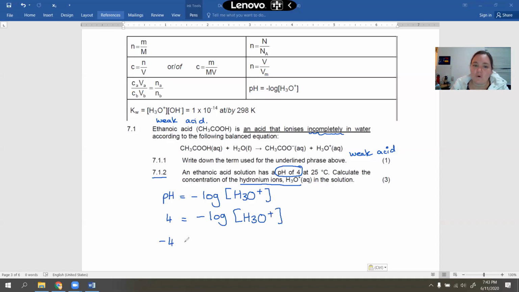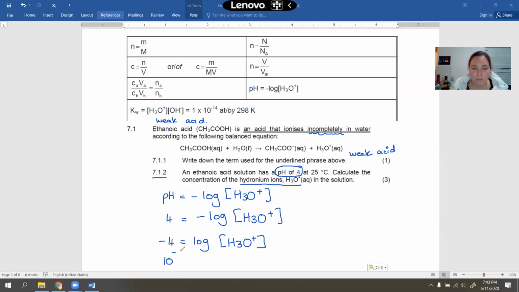So negative 4 is equal to log of concentration H3O plus. Now, most of you in maths should already have done logs, but basically on your calculator, you're going to end up doing 10 to the power of. So you're going to look at where your log button is on your calculator, and you're instead going to push shift log, which if you look at it should give you a value of 10 to the power of.